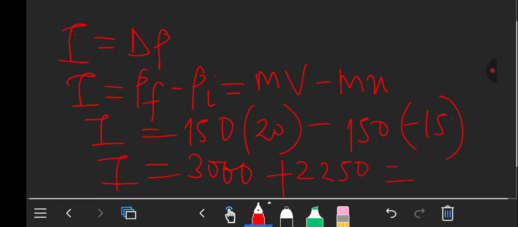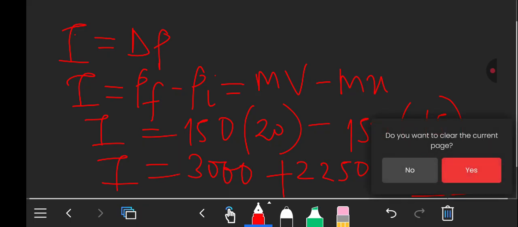When you add 3000, the answer will be 5250. So this is the impulse. The units will be Newton second. So that's how you can find the impulse.